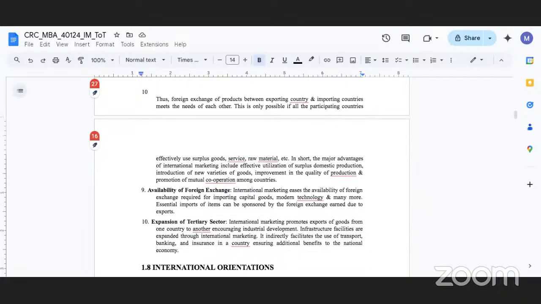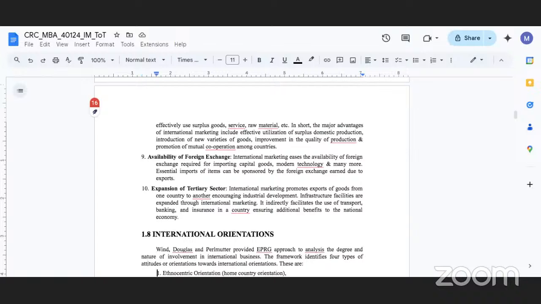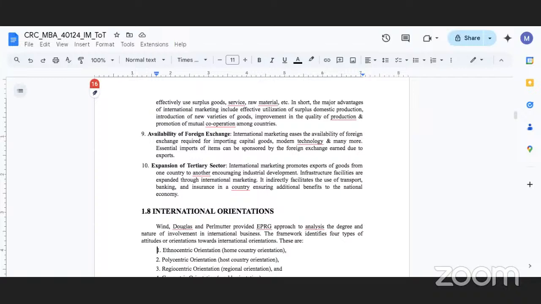Next one is the availability of foreign exchange, which is essential for import of goods and the expansion of the tertiary sector. When we talk in terms of the tertiary sector, that means initially I'm selling my products to one country, but from that country, my products may be moving to a different country, and that is what we mean by tertiary sector.